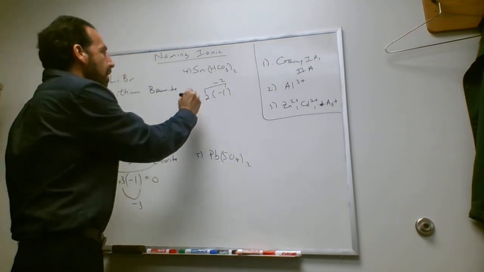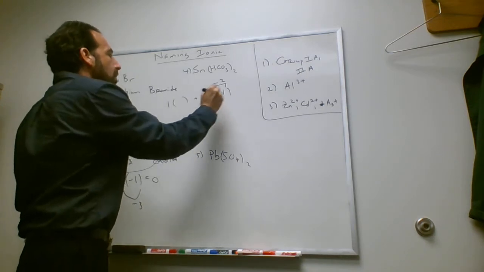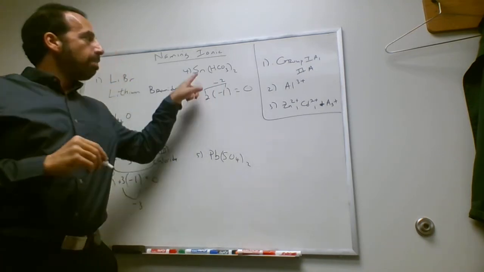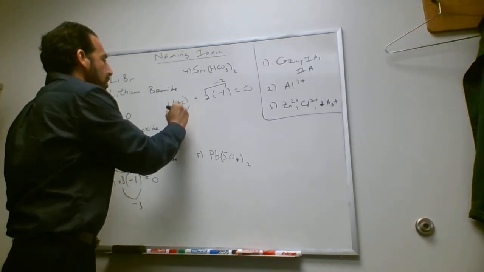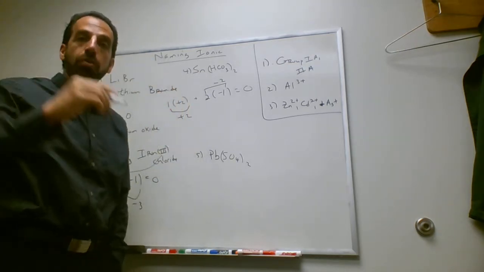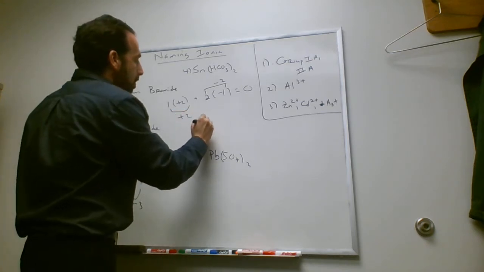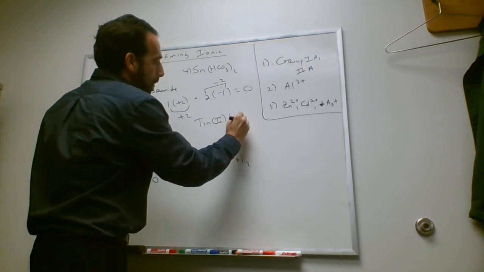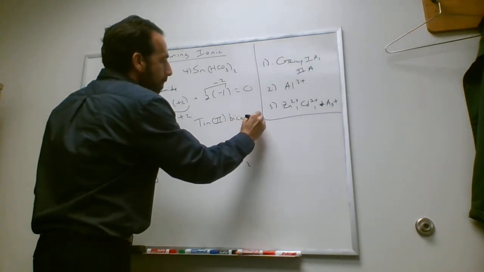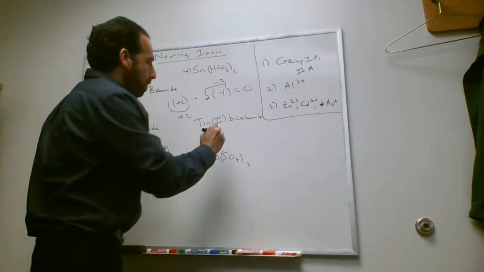I have one Sn now. To balance this out, it's going to be +2. So it's tin(II) bicarbonate. Can write hydrogen carbonate, same thing.